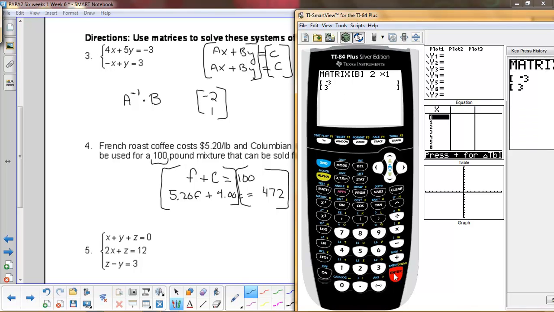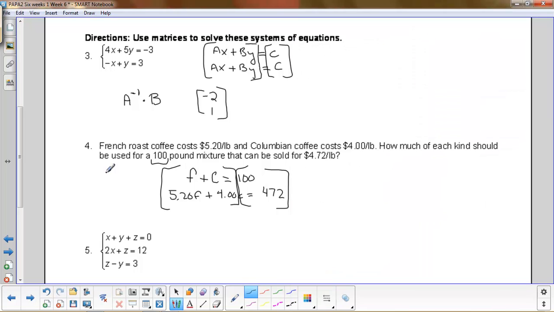2 by 1, so that's going to be 100 and 472. Quit out of the matrix, second entry gets you the previous answer, and we need 60, 40.